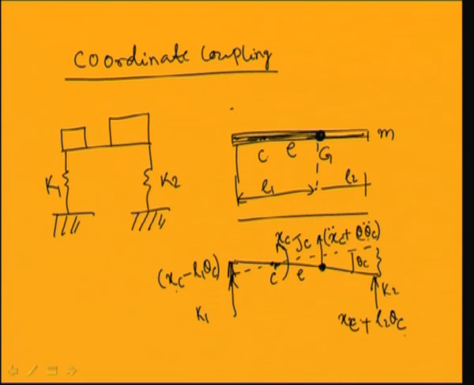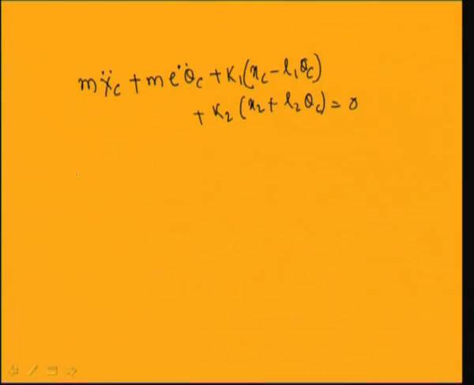So moment about this point will be equal to 0. So moment of all the forces about this point I can take. So this will be equal to J c into theta c double dot plus this inertia force into this distance e, and then this force into this distance and this force into this distance. So the equation I can write in this form.